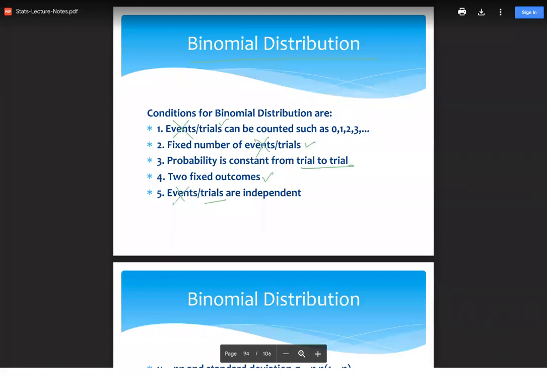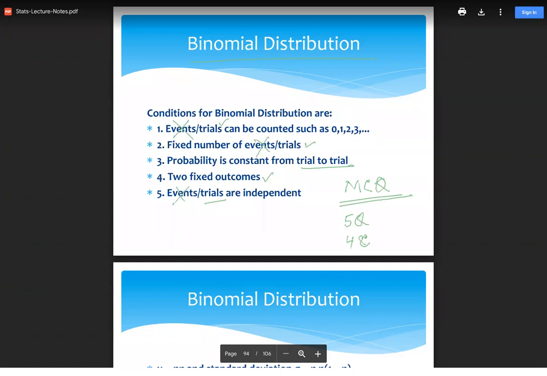These 5 conditions are easy to remember if you just think of an MCQ, a multiple choice quiz that has 5 questions and 4 choices for each question.